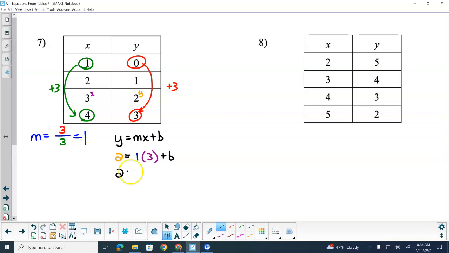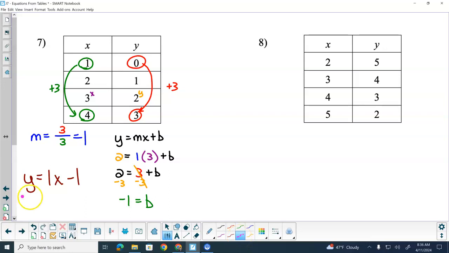So then this becomes 2 equals 3 plus b, subtract 3 from both sides. That gives me negative 1 is equal to b. So my y equals mx plus b would be y equals 1x minus 1.